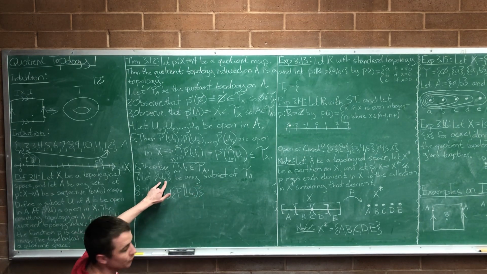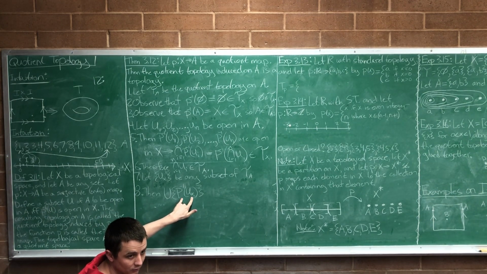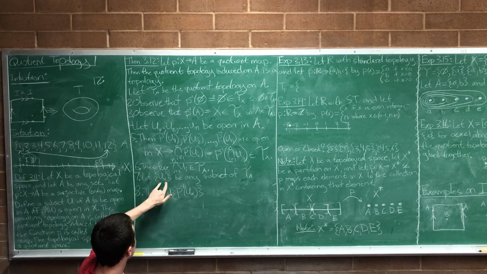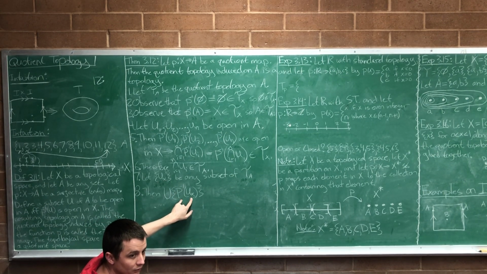So since I know that U sub alpha is open, then I know the pre-image of U sub alpha is open, right, in X. Since this is open in A, then its pre-image is open in X, right?